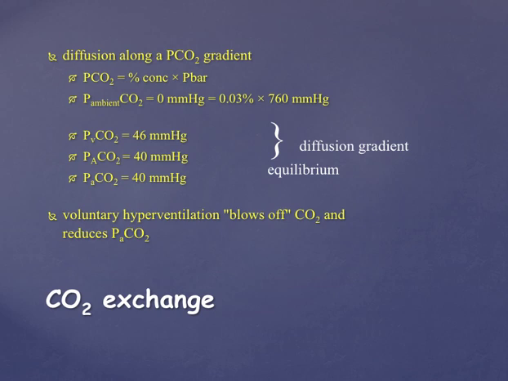Now I want you to take a moment and do two things. Write out my favorite equation, write out the buffering equation, and then imagine what will happen if you remove carbon dioxide from the blood. If by this voluntary hyperventilation I blow off carbon dioxide, if I reduce the PaCO2 to reduce the amount of carbon dioxide in the blood, what will the effect be?